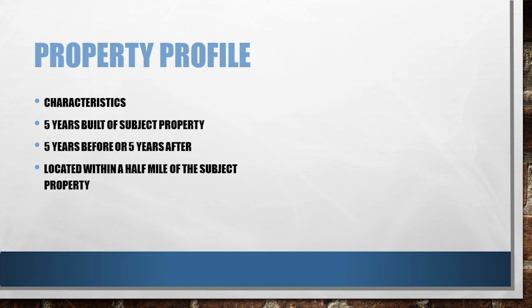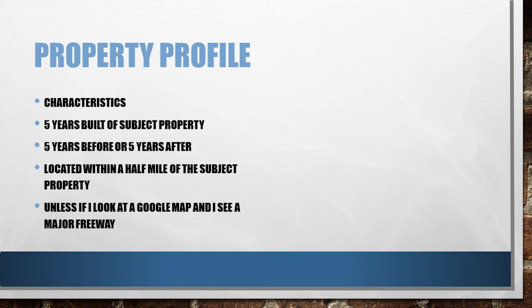Located within a half mile of the subject property, unless I look at a Google map, zooming down onto the property, and I see a major freeway. You can have a house a half a mile away from another house and have a freeway go right through it. Well, then I want to exclude those that aren't in the neighborhood. I'm really looking for within a half mile in the neighborhood, if that makes any sense.